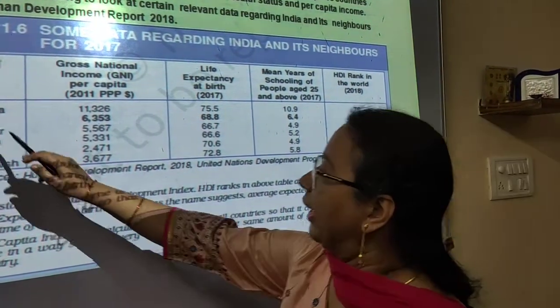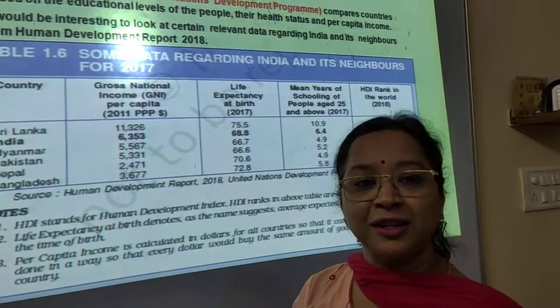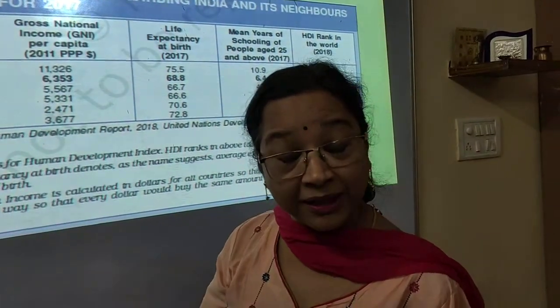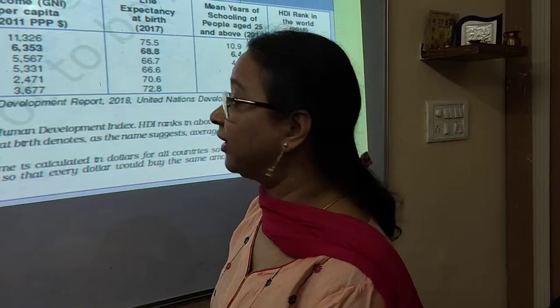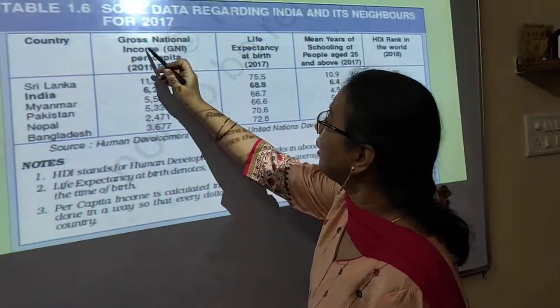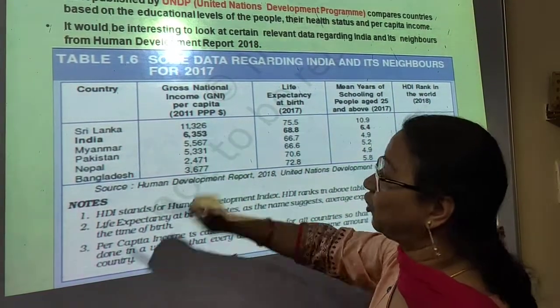Now, it compares the gross national income. What is this? The gross national income of the country, the per capita income, because it is the basic criterion for comparing countries according to the World Bank. This parameter we are taking here. Look here, Sri Lanka has 11,326.